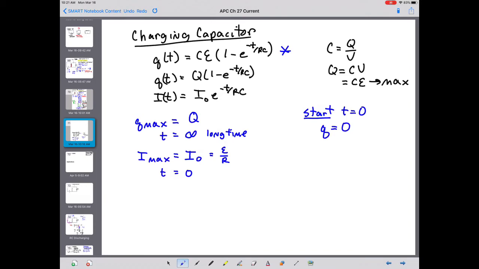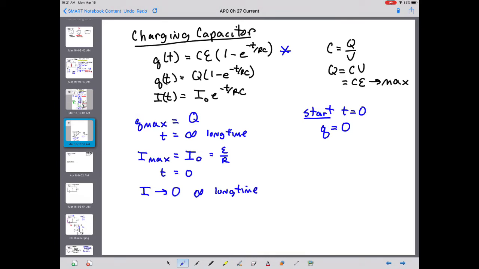Conversely, if you plug into your current equation a t value of infinity, you get e to the negative infinity, so 1 over e to the infinity, which approaches 0. 0 times I naught is 0. So then your current goes to 0 after an infinite time, or realistically a longer period of time.